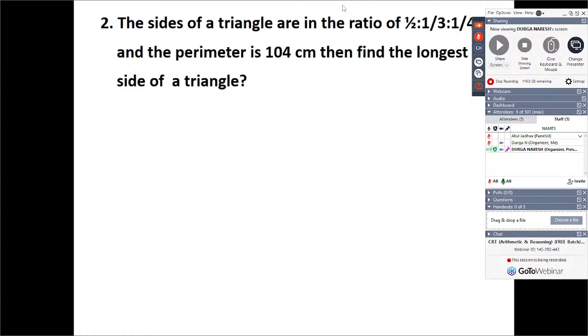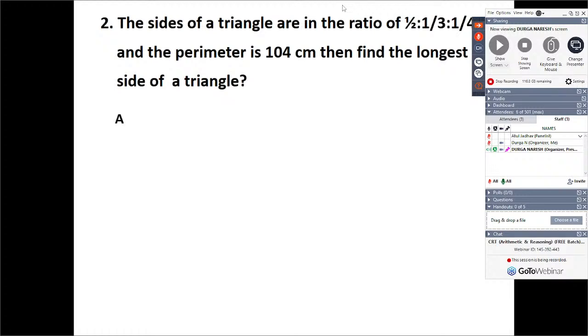So first of all, we have to convert the given ratio 1 by 2 is to 1 by 3 is to 1 by 4 into a proper form.